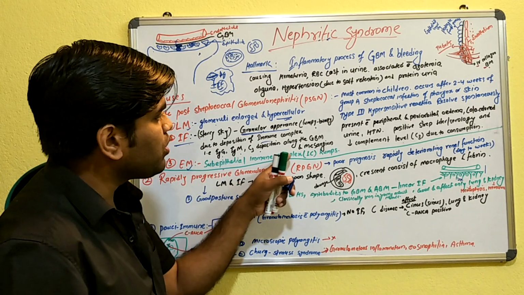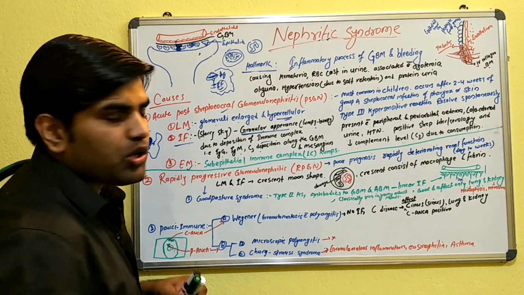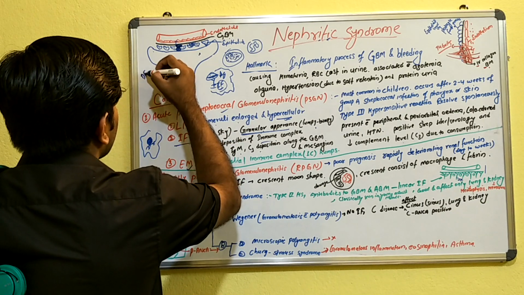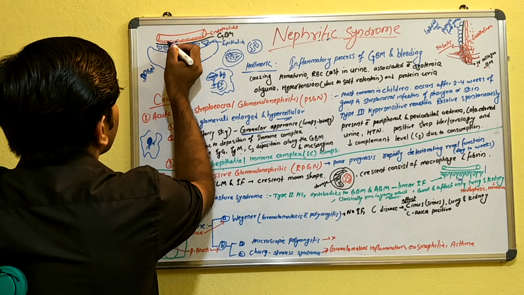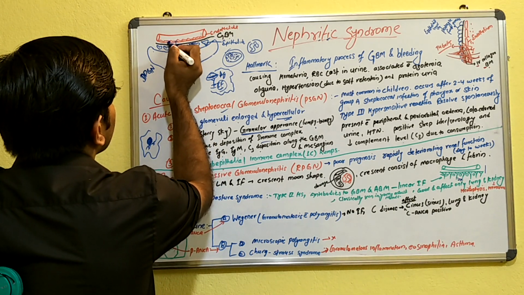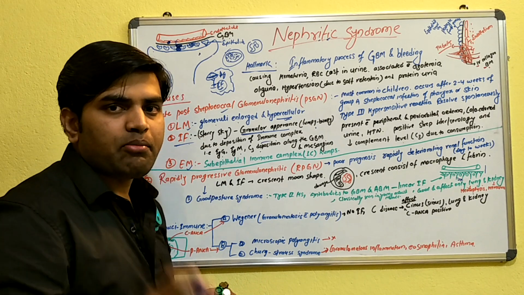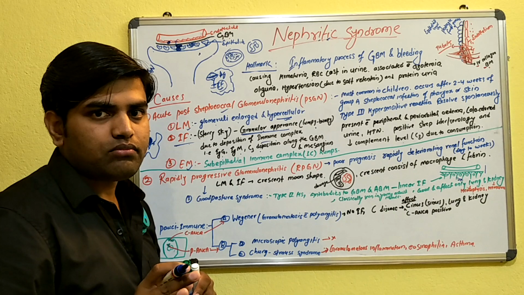There is a subepithelial immune complex hump in acute post-streptococcal glomerulonephritis. But in diffuse proliferative glomerulonephritis, that is DPGN, there will be a subendothelial hump, below your glomerular basement membrane, and that is the main differentiating point. You have to understand that.